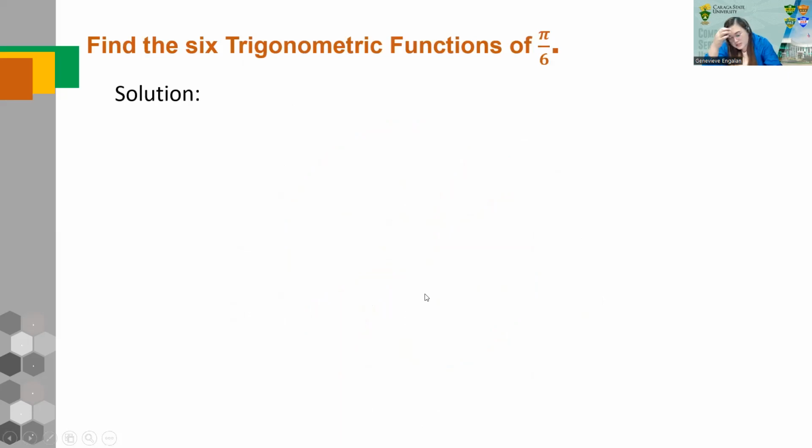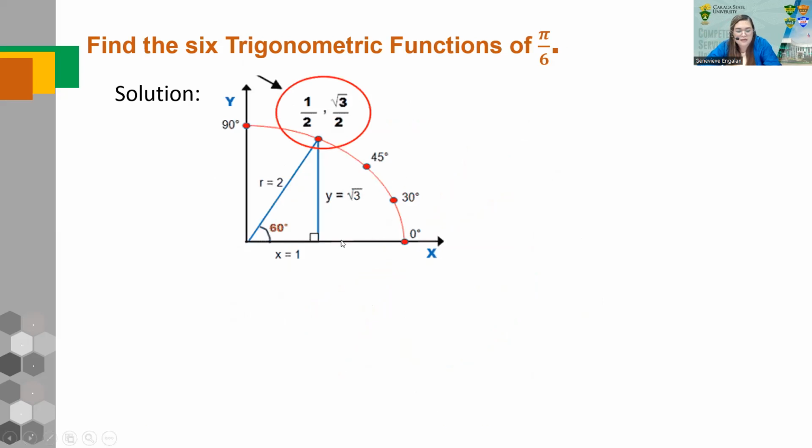Okay, so find the 6 trigonometric functions of pi over 6. Pi over 6 is 30 degrees. Here is our angle of 30 degrees. The hypotenuse, or radius, is 2.